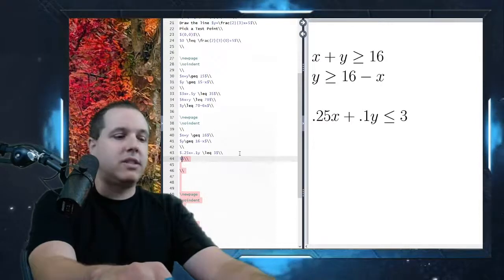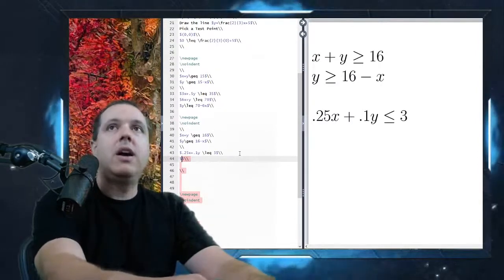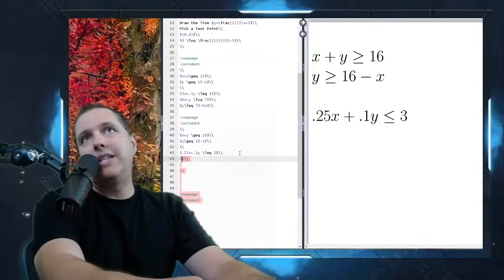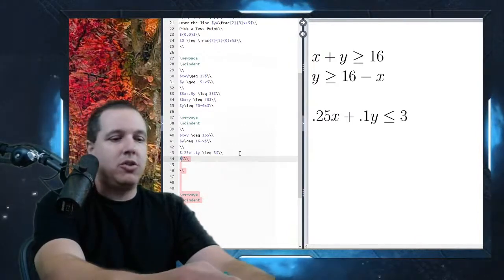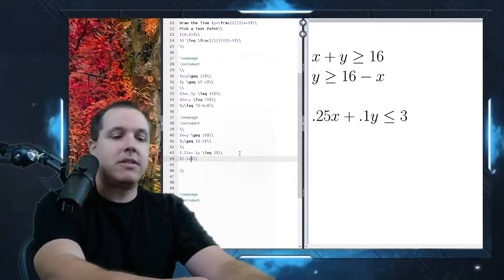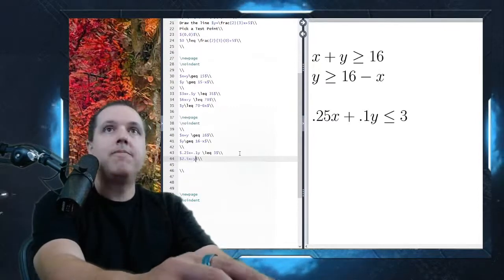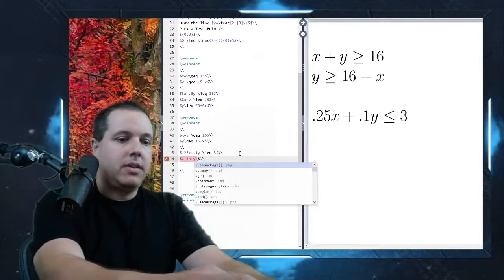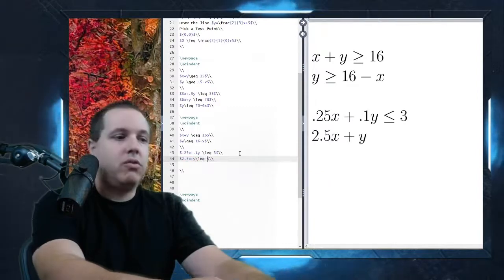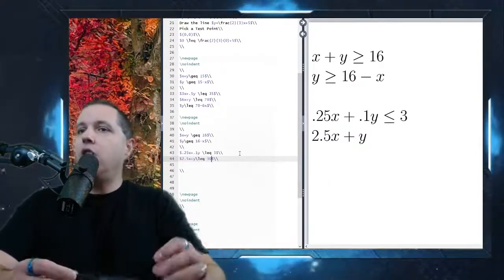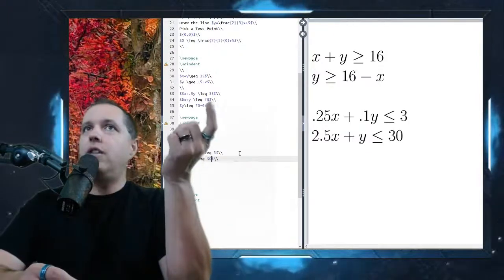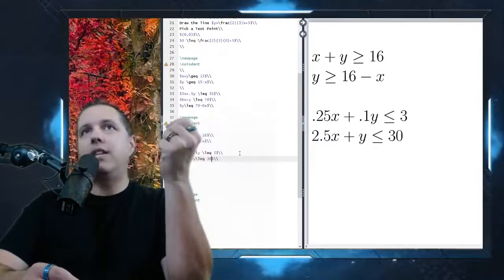Actually, we're going to have to multiply everything by 10, aren't we? Yeah, so let's multiply everything by 10. So that's going to be 2.5x plus y is less than or equal to 30. So I multiplied that whole inequality by 10 in order to get rid of the decimals. Just going to make it a lot easier to deal with.